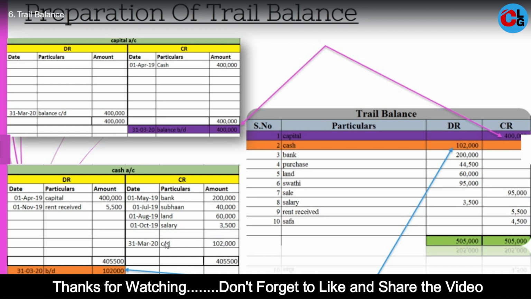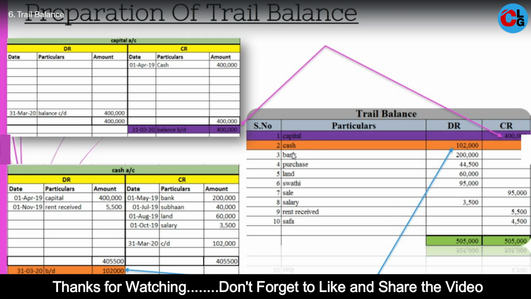This is called the carried down balance, and this amount will come here. This is the brought down balance. This brought down balance goes to the trial balance. So you can see here on the debit side, brought down 102,000. Here we need to enter it on the debit side, 102,000. The name is cash account.